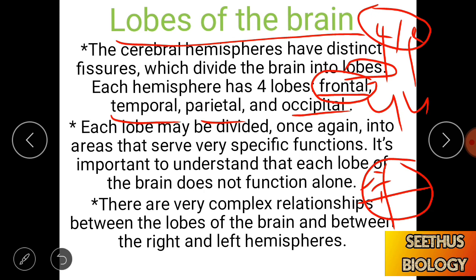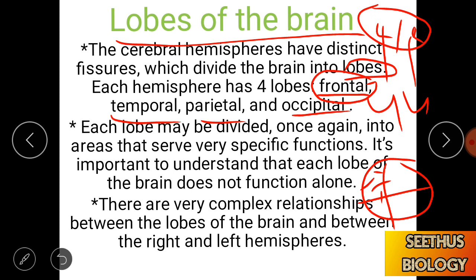It's important to understand that each lobe of our brain does not function alone. Each lobe present in our brain does not function alone; it takes support from the other lobes, or depends on the other lobes. By depending on the other lobes and working together, all the lobes work in our body.